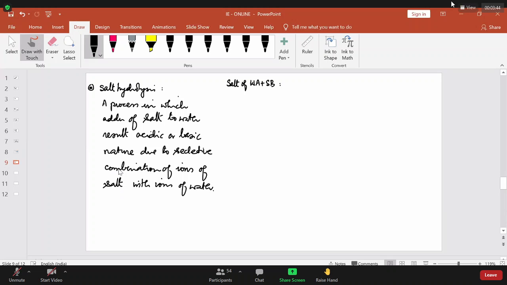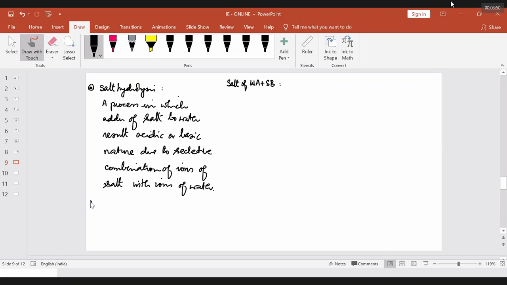When you say that it is a selective combination of ions of salt with ions of water, remember that you can classify salt hydrolysis like this. A, salt of weak acid and strong base.